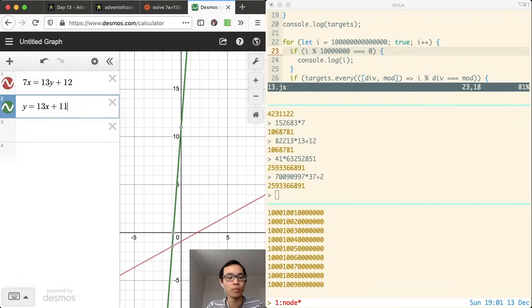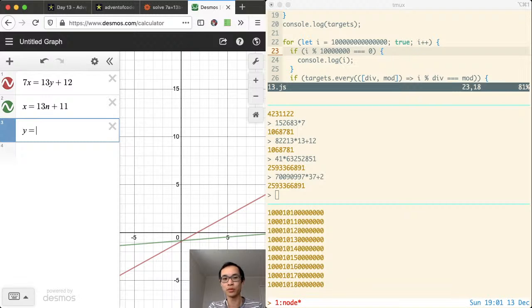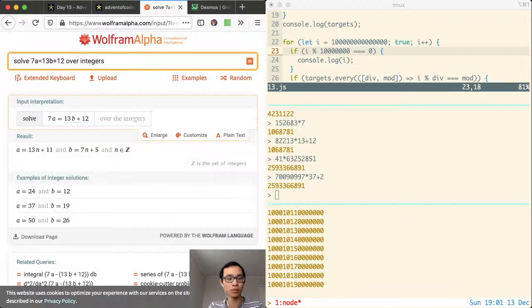No, right? A equals 13n plus 11. We're looking for x equals 13n plus 11. We're also looking for y equals 7n plus 5.